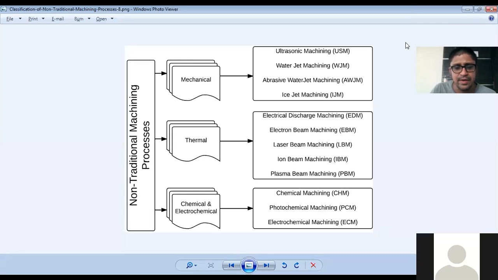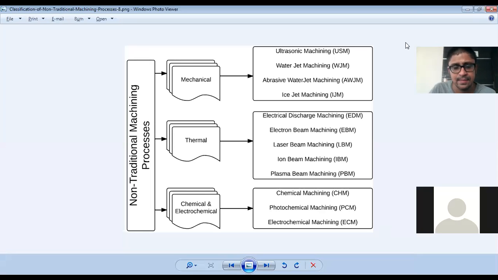So if you see this image, we will be focusing on unit number 3 and unit number 4, right? As we know that we have 4 units in this syllabus of advanced manufacturing process 2. So the first 2 units talk about conventional machining or traditional machining, and unit number 3 and 4 are all about non-traditional or unconventional machining techniques.